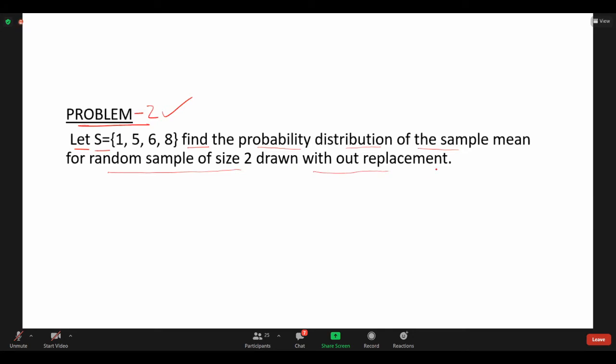Without replacement. How to find this one? This is a popular problem. All of you go through that question.